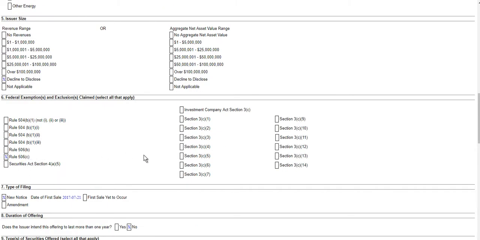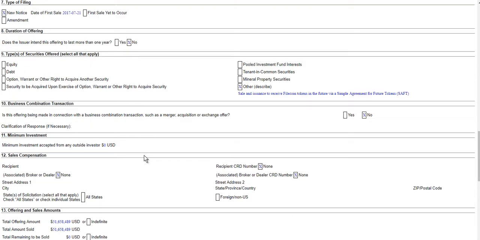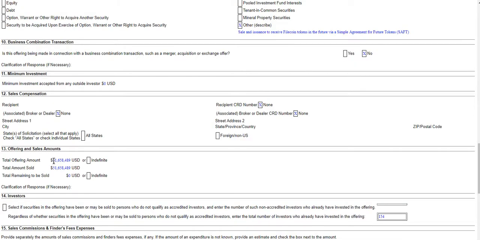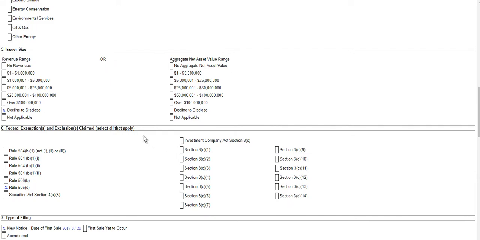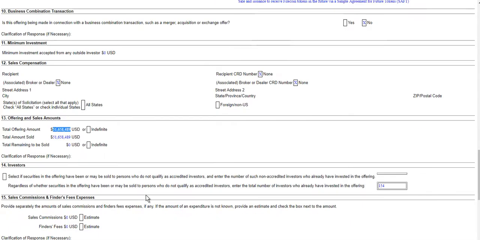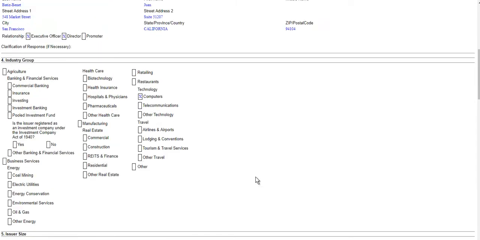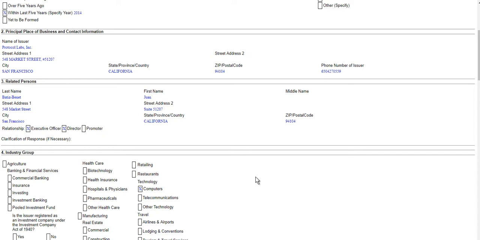It's a Reg D 506C, and there is $51 million. So I'll copy that. It's rule 506C, so remember that. 506C, $51 million. It's basically saying they sold $51 million worth of exempted securities.